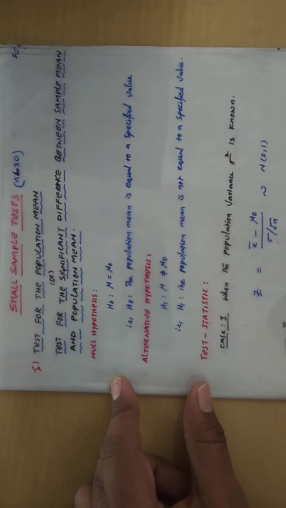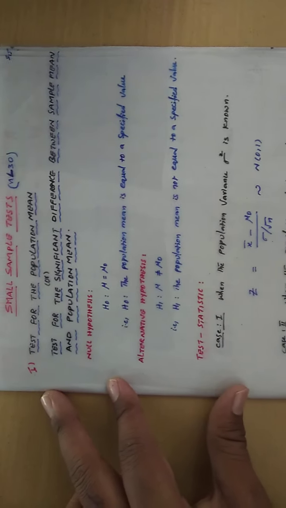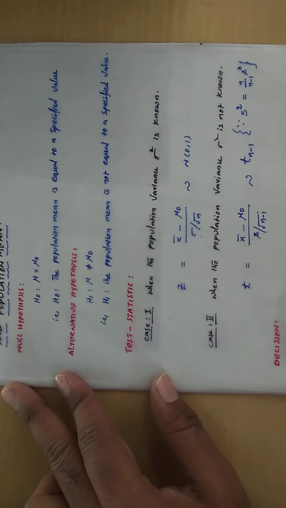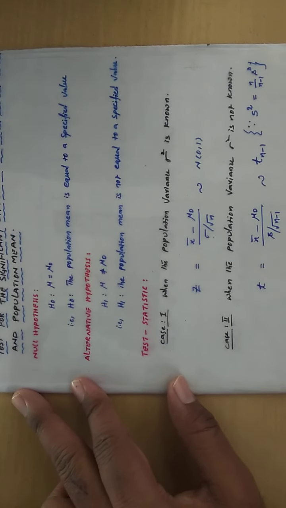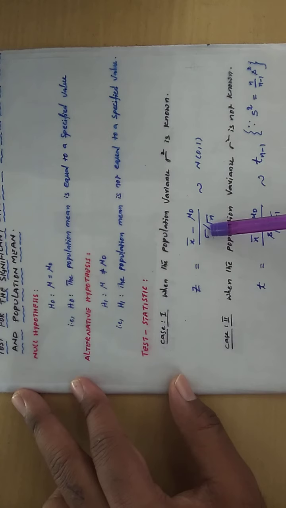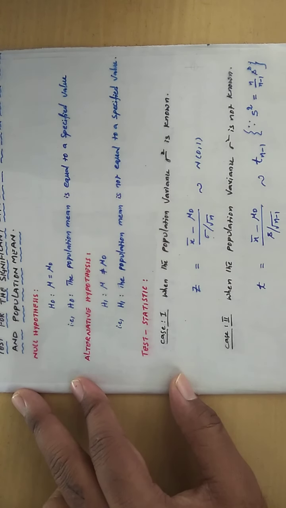But whenever the sigma square, that is the population variance, is not known, now you get the new formula. So what is the new formula? Same, x bar minus mu naught. Instead of sigma, that is population standard deviation, you are writing the sample standard deviation, small s.